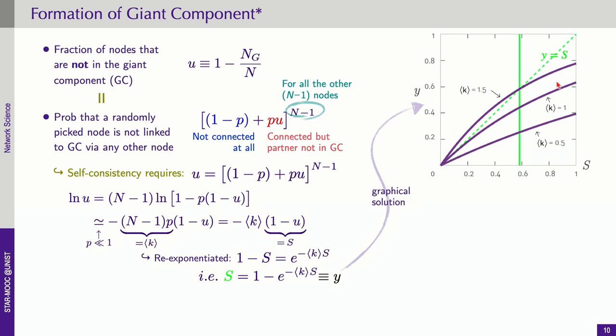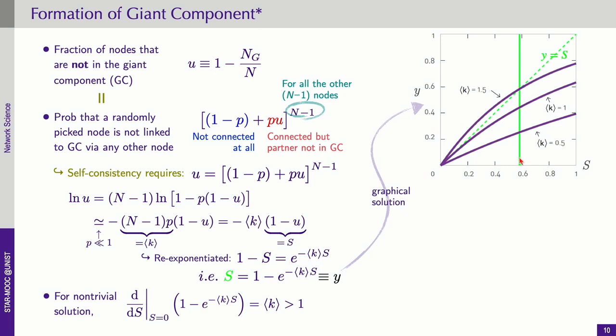Because this curve is monotonically increasing and convex upward, a non-zero solution becomes possible if and only if this initial slope, which coincides with the mean degree, is larger than 1. You see here, right? So the initial slope of this curve should be larger than 1 to have a non-trivial solution here.